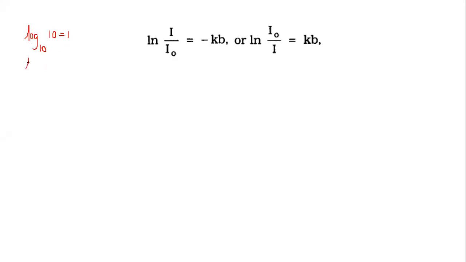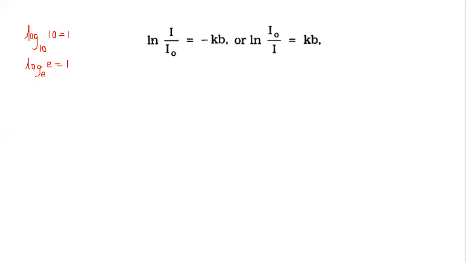In simple terms, if I take natural log, which is written like log to the base e, then log of e would be 1. If you correlate it with log to the base 10 of 10 is 1, in the similar way, log to the base e of e would be 1, right?